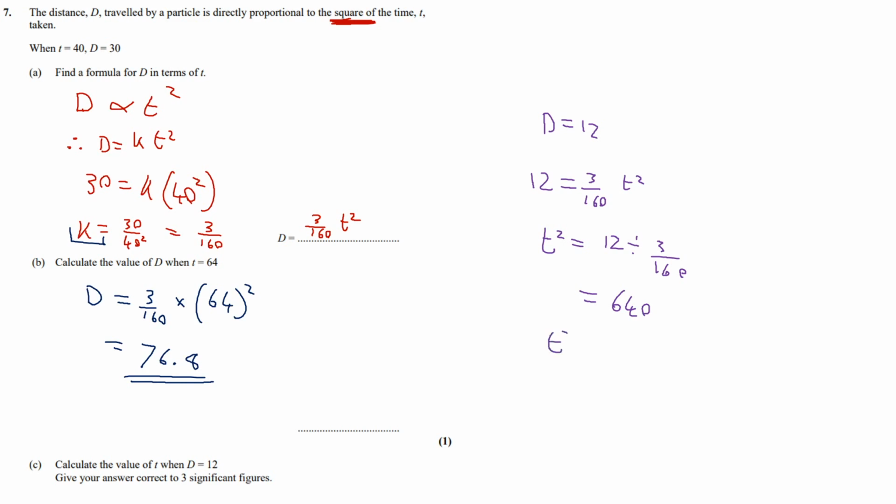And so therefore t is equal to the square root of 640, which is equal to 25.3. Because remember, we want it in 3 significant figures. So the answer is 25.3.